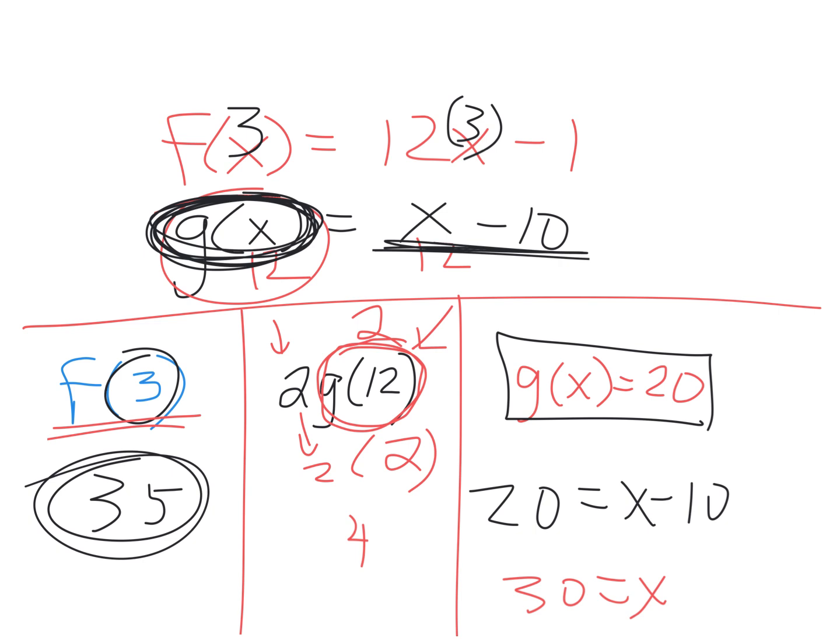All right. So the kind that seems to get you guys the most is when it's like this. Now, I didn't give you a g function yet. So I'll give you the g function in a second, but you tell me, what would be the first thing you would figure out?